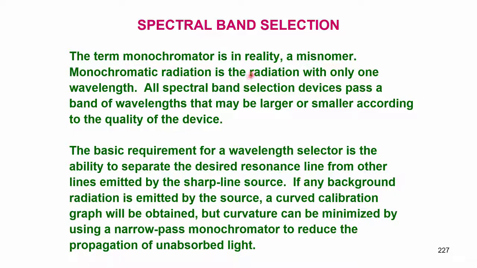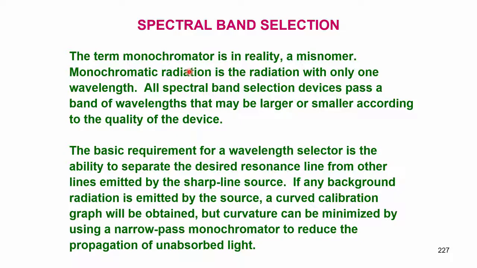So, we need to select the spectral band. The term monochromator is in reality a misnomer. I think we have discussed this earlier. What it implies is that we are getting radiation of only one wavelength, which is not correct.